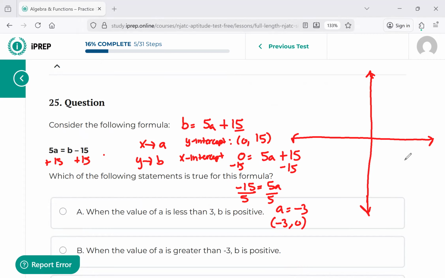My x is really a. My y is really b. My y-intercept is 15, so maybe we should go by 5s. And then my x-intercept is negative 3. If we're going by 5s, this is negative 5, and this is 10, so negative 3 would be some of that.